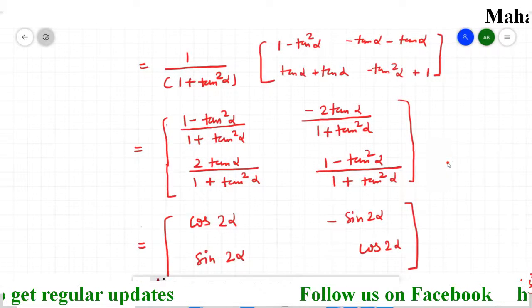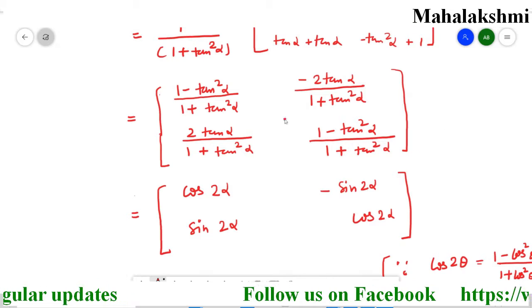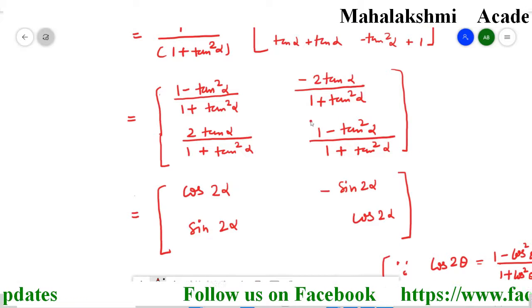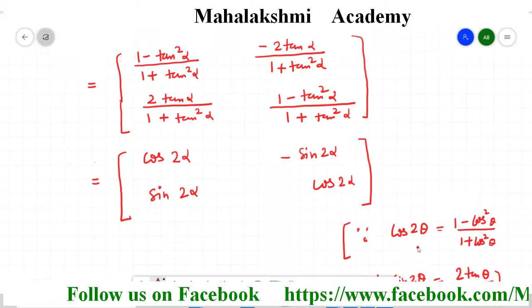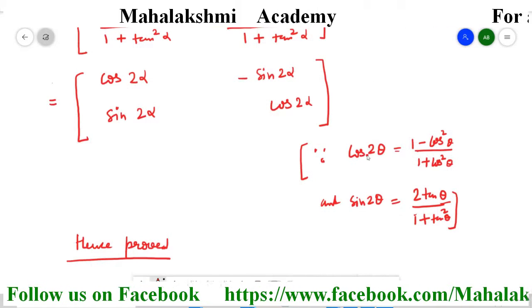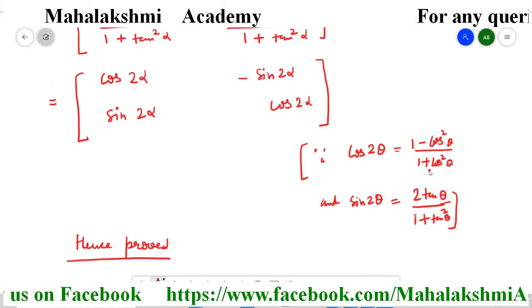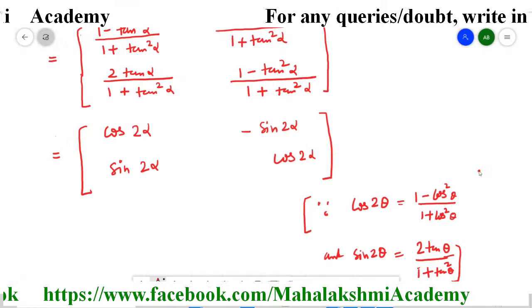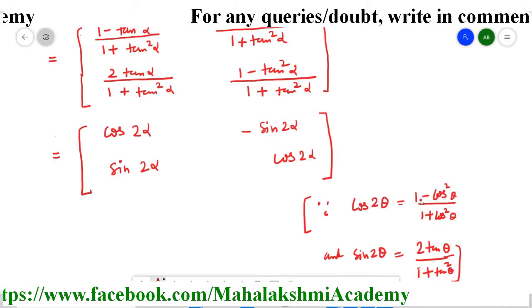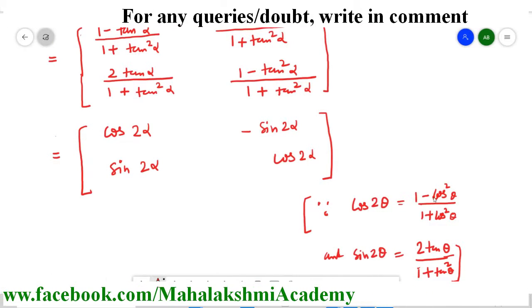After adjusting it, when we observe it carefully, they are in the formula of cos 2 theta. Let me first show you the formula. Cos 2 theta is 1 minus tan square theta upon 1 plus tan square theta. Oh, I just wrote it wrong. It's actually 1 minus tan square alpha.